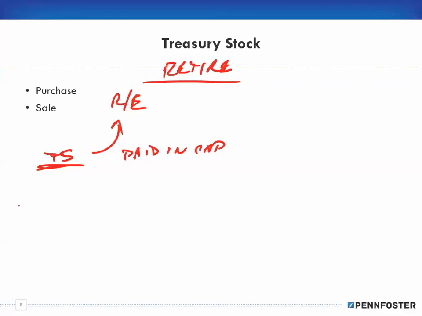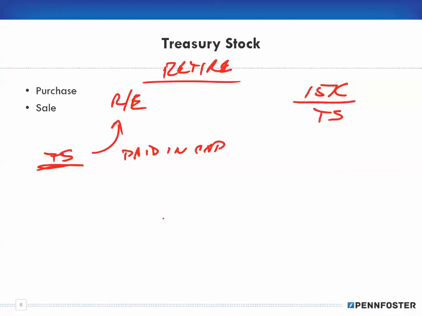If you're retiring, let me just veer from the textbook for a moment. If we have the treasury stock, and I'm setting up a scenario because this is not in the book. Let's say there's $15,000 just in the treasury stock account, and I'm not considering paid-in capital here, right?